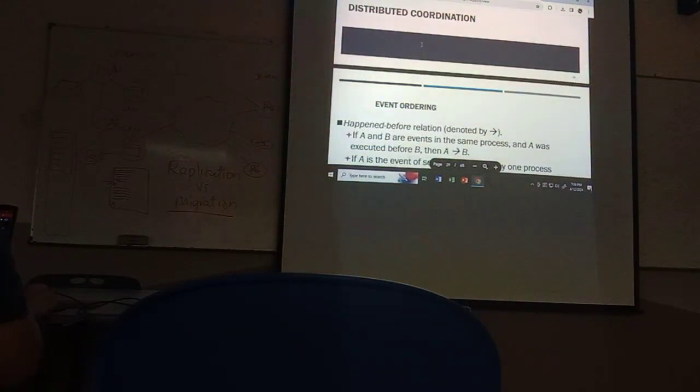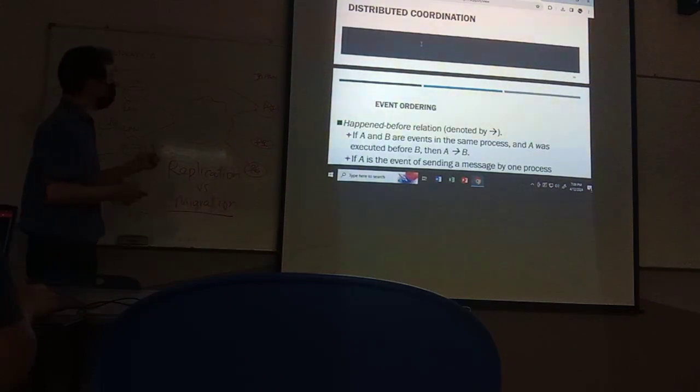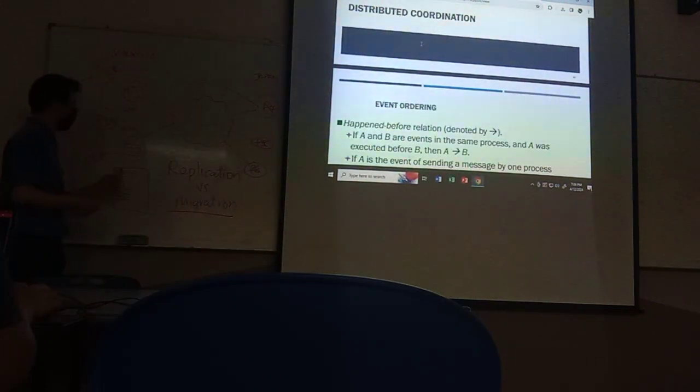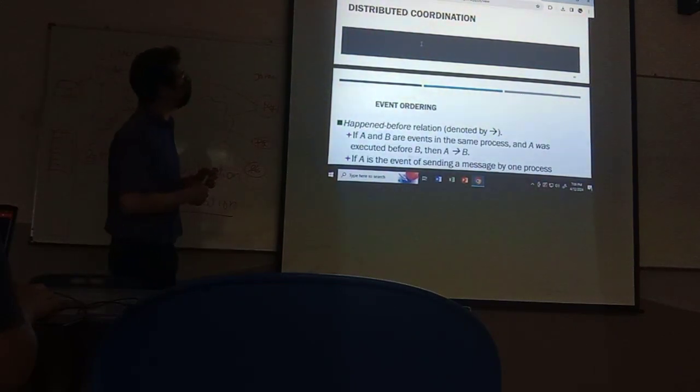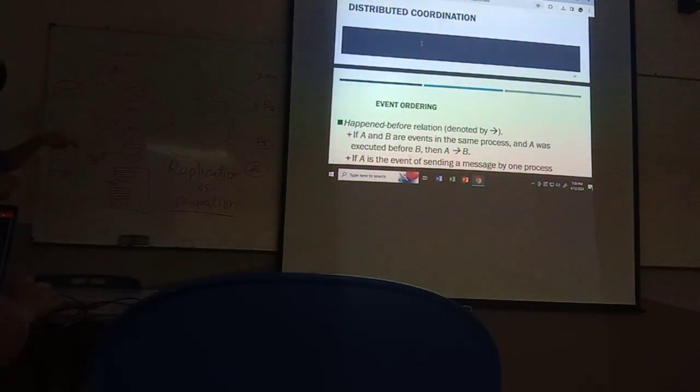Okay, so you need to do distributed coordination as you do the transfer. I mentioned just now the preemptive transfer. You need to make sure that there is some kind of coordination. Can you preempt? If you can preempt, what should you do? Because as you preempt, somebody needs to be sacrificed.